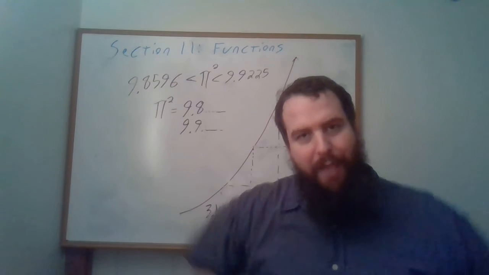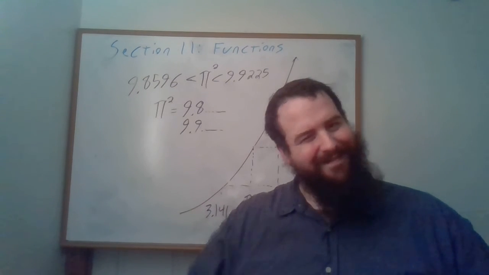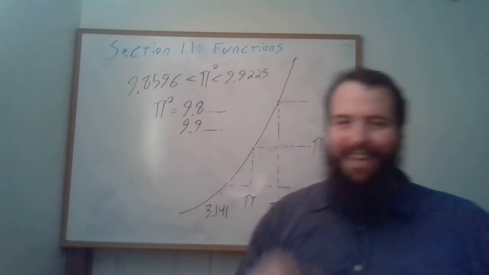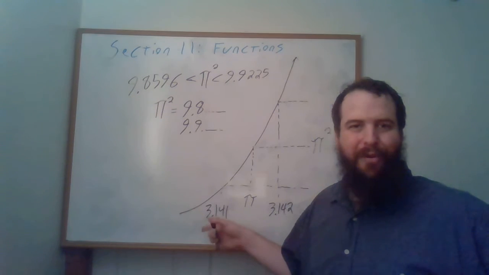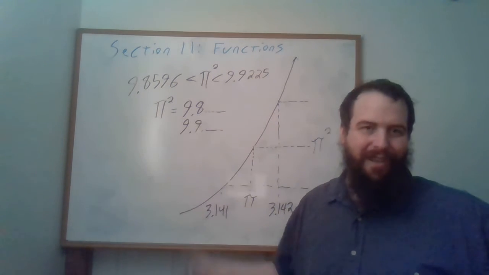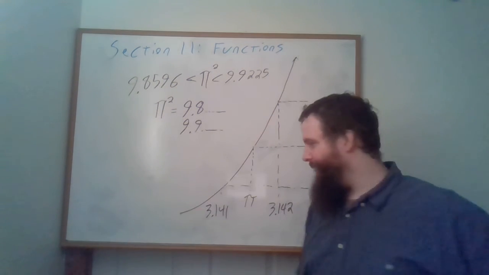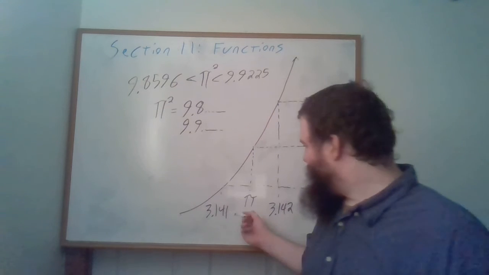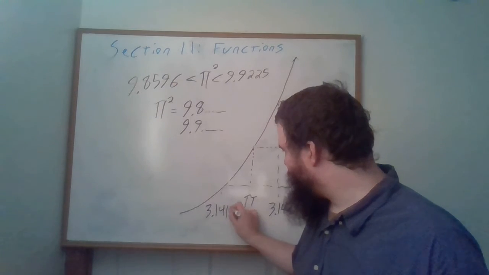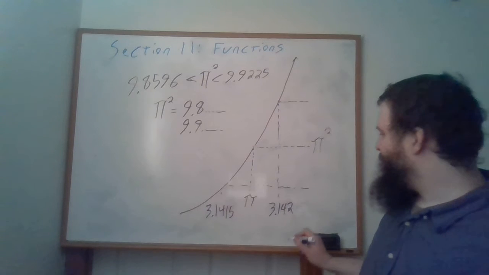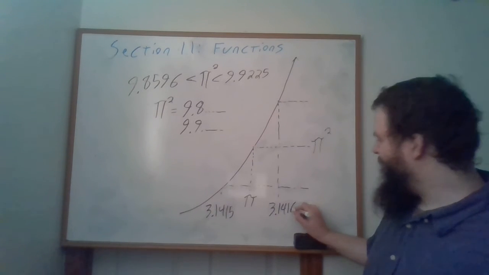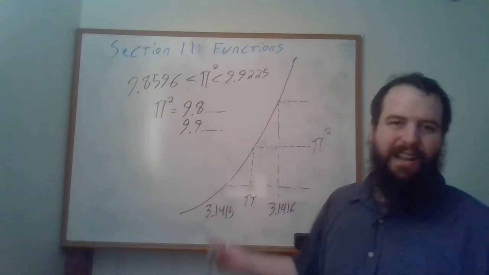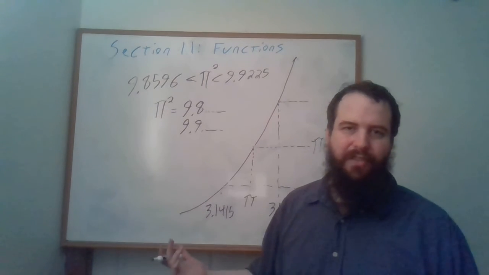And if you're a mathematician back in the day, you say, hold on, maybe I should just do a little bit more work here and save myself some headache later on. What if I said, oh, well, it's somewhere between 3.1415 and 3.1416, right? I know that pi is between those two numbers.